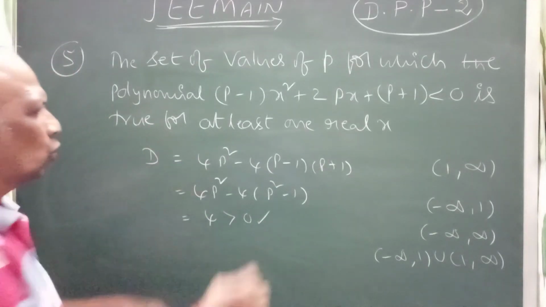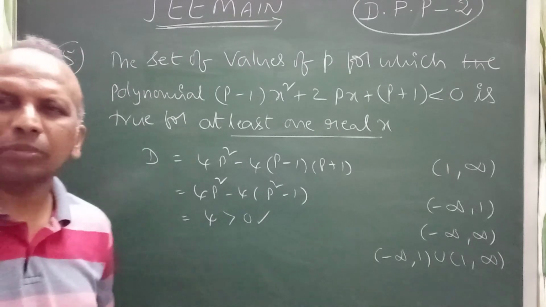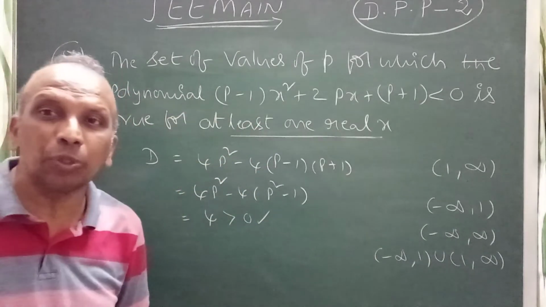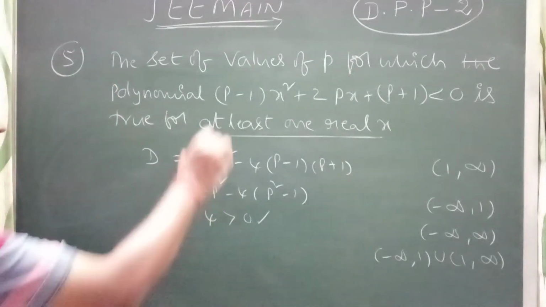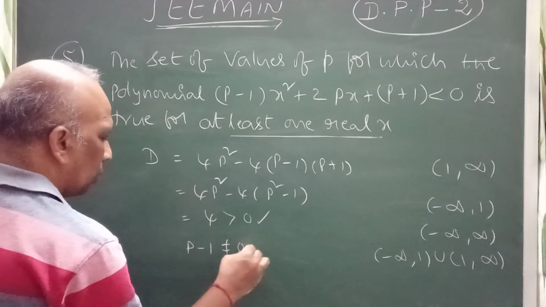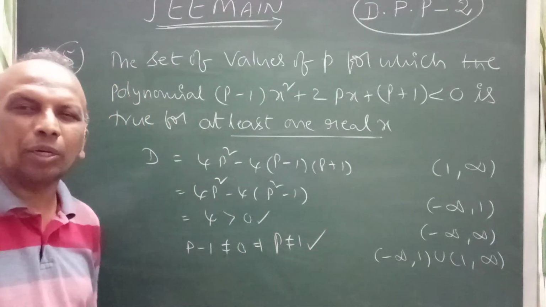Since at least one real x, the discriminant should be greater than 0, meaning p minus 1 should not be equal to 0, right? So p value not equal to 1.